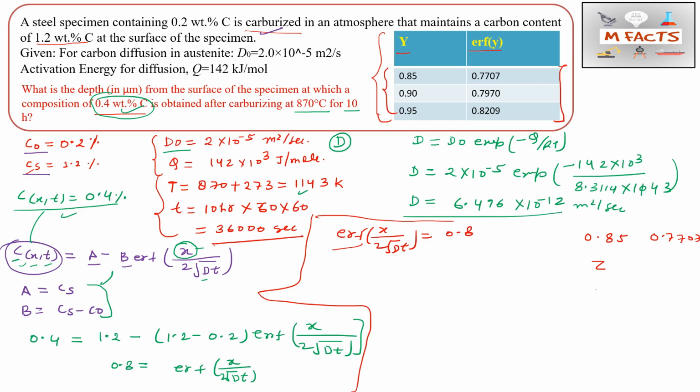We can put z as the unknown value: 0.7970, 0.8209. Why do we do this? Because we know erf of x by 2 root Dt is equal to 0.8, and this 0.8 will be somewhere in between these values. So we need to find this z value.